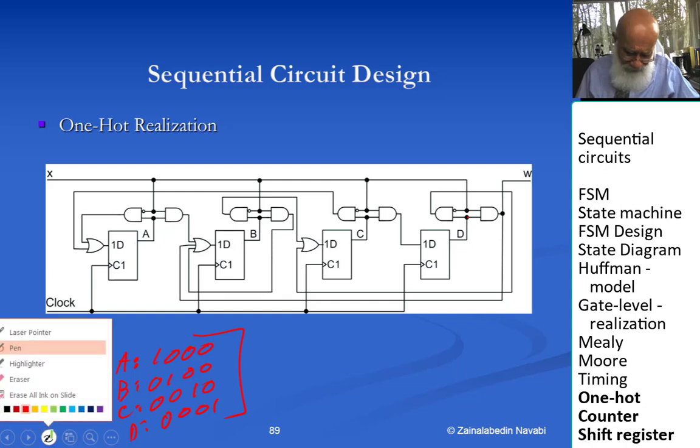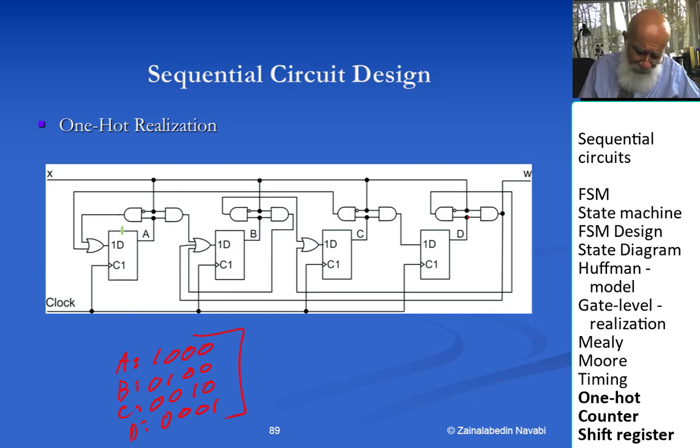So for resetting, I'm going to use green here. I'm assuming this has a set and a reset, a set and a reset, a set and a reset, a set and a reset. I bring in an external line to set the first one. That same line, now the reset is going to be 0. That means I'm not activating it.